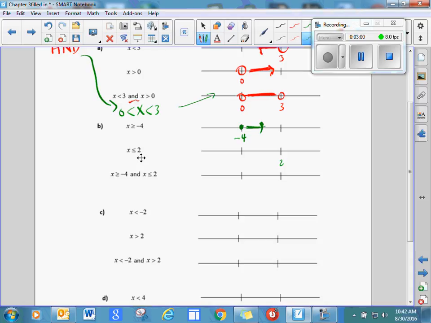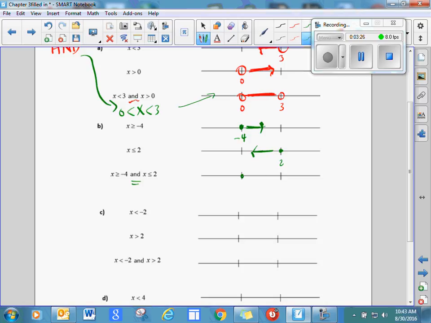Less than or equal to +2, closed circle again, going this way. In order to graph the inequality for this "and" condition, both of these inequality conditions need to be met. So my graph is going to include all the points that are greater than or equal to -4, but they also have to be less than or equal to 2.